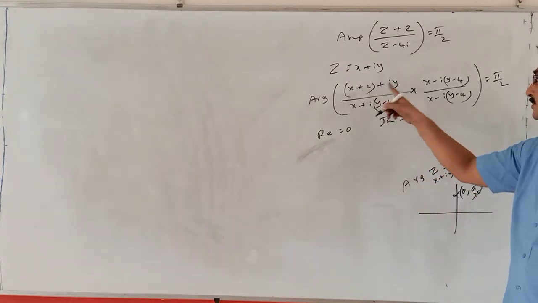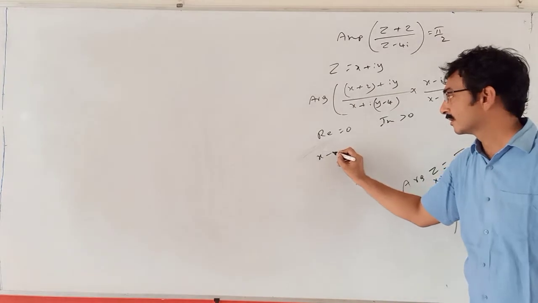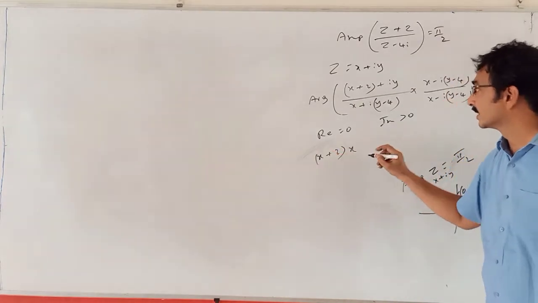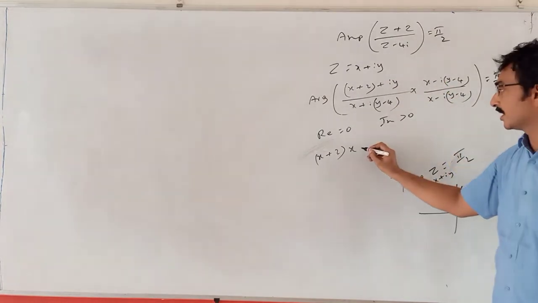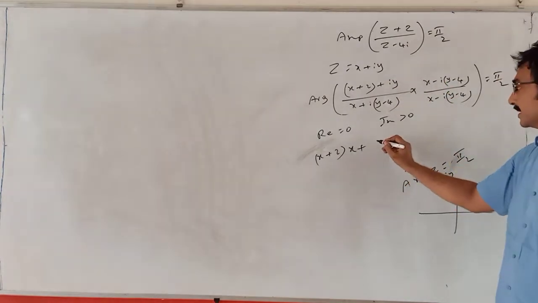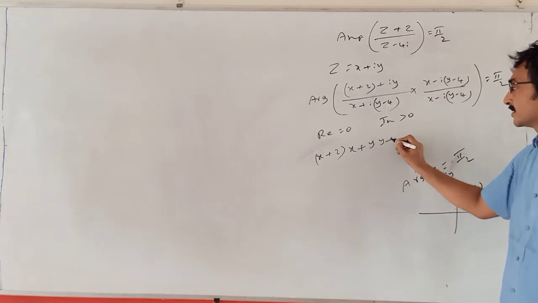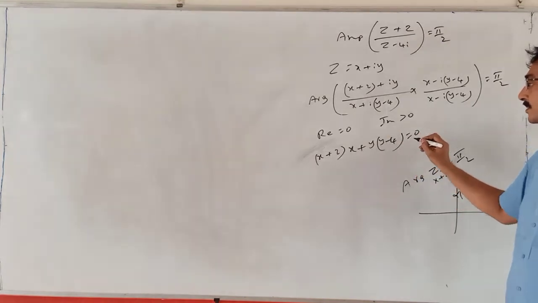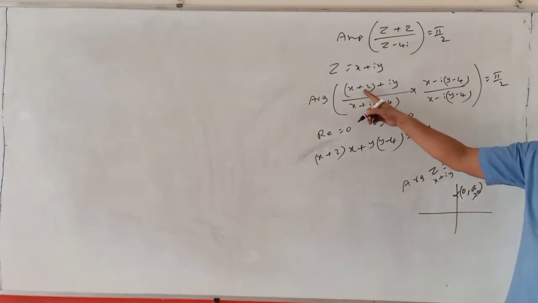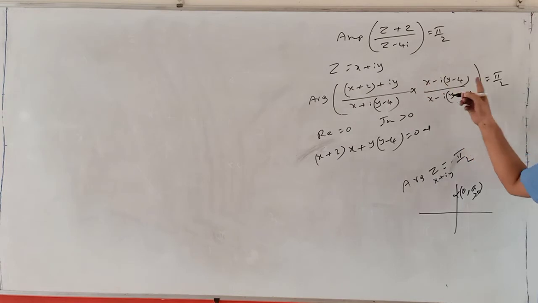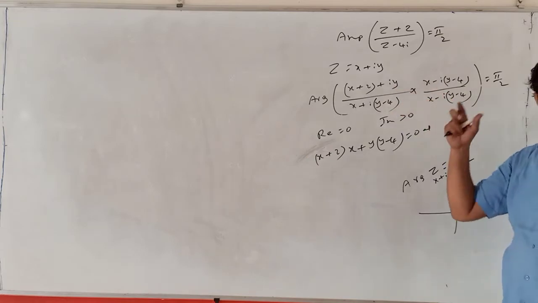So the real part: (x + 2) into x, and i squared value is minus 1, already there is a minus, so minus of minus plus y into (y - 4) equal to 0. And the imaginary part is positive. The imaginary part is obtained by multiplying real with imaginary and imaginary with real, so (x + 2)(y - 4) - xy is greater than 0.